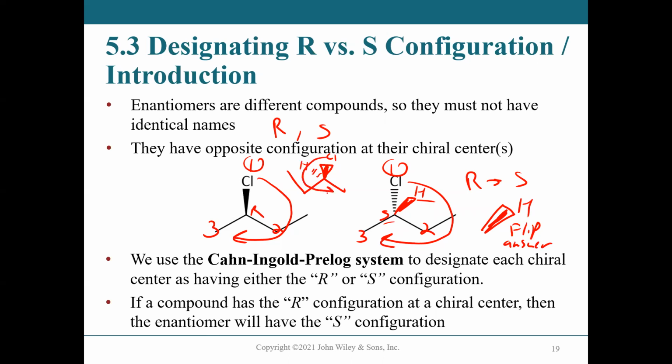So then it goes this way, doesn't it? That's why when the hydrogen's coming out, you flip the answer, because when you put the chlorine in front, you get the 1, 2, and 3 this way. So it's counterclockwise.